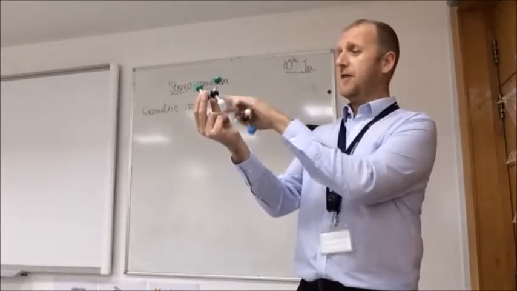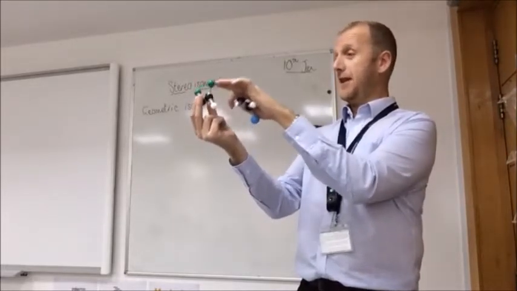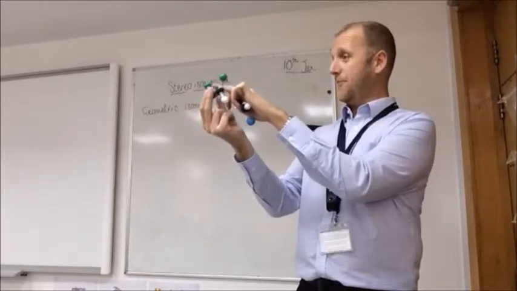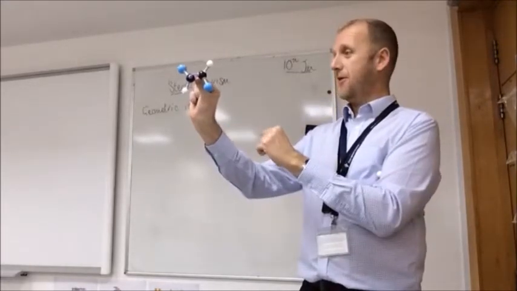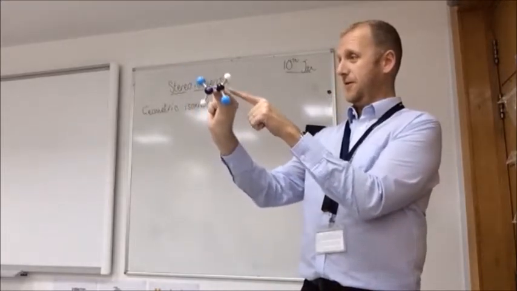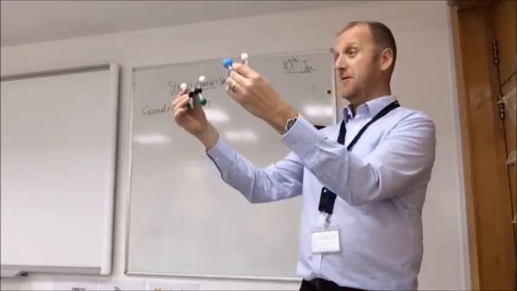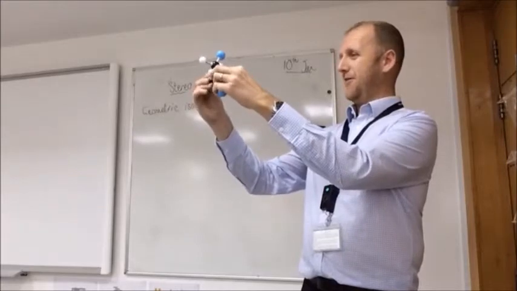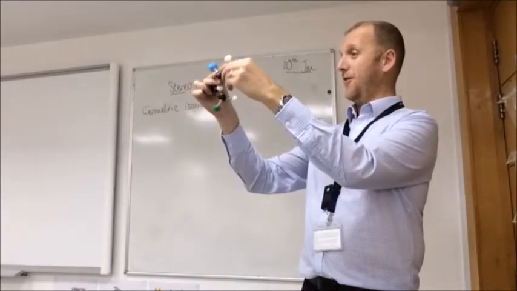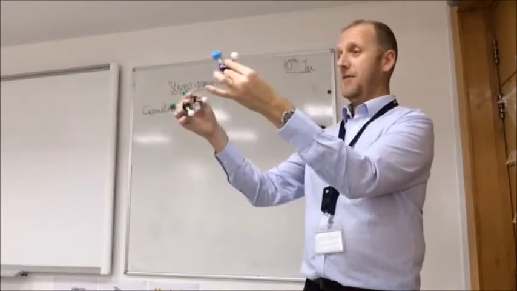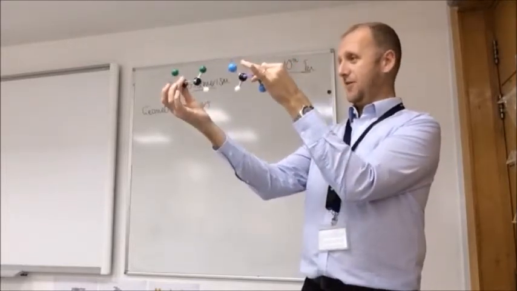Good. On this one, both of the chlorine atoms are on the same side of the double bond. On this one, they're on opposite sides of the double bond. And they can never be the same, because I can't get this double bond to rotate at all. So they're not going to be equivalent to each other. It's not going to spin. We end up with geometric isomers.